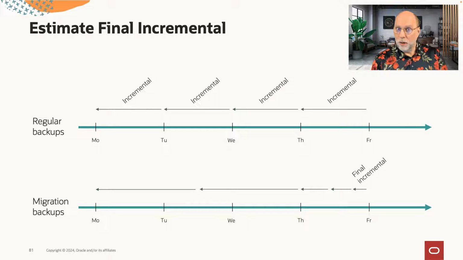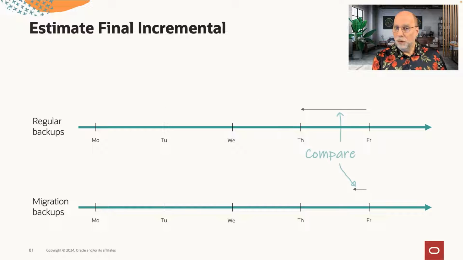So that could drastically reduce the amount of data that will be backed up in that last incremental backup. And remember, the last incremental backup is your downtime window. So if you compare those, you could end up with a much better situation than you have in your production backups.